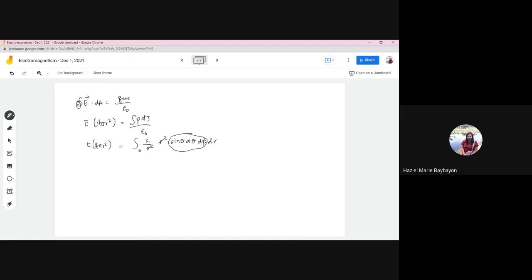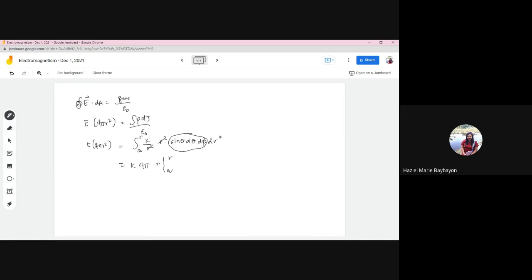The limits are from a to r. So we have k, this one is 4 pi, and then the integral of dr, so r from a to r.